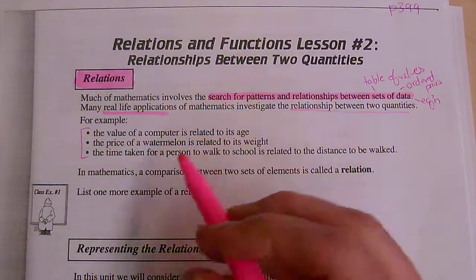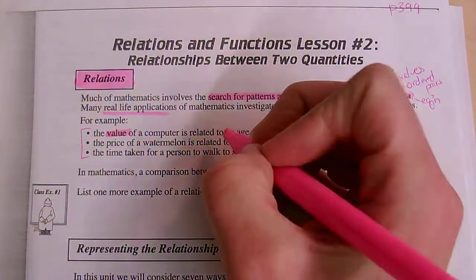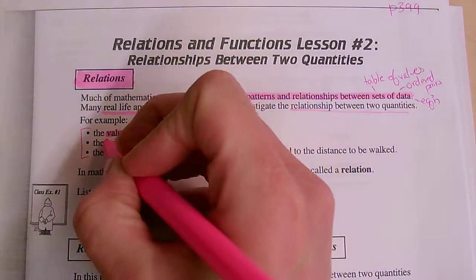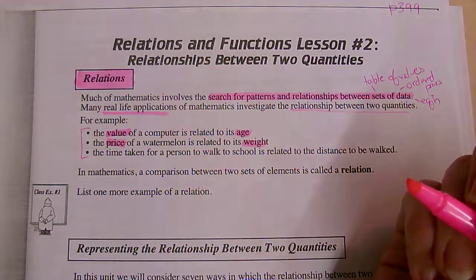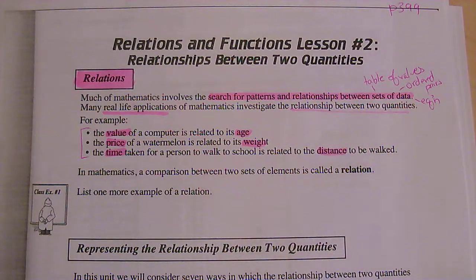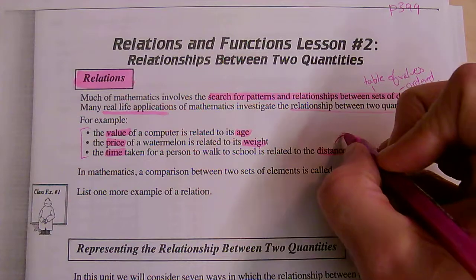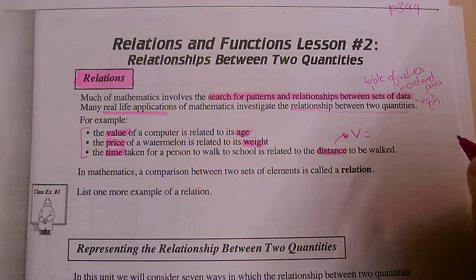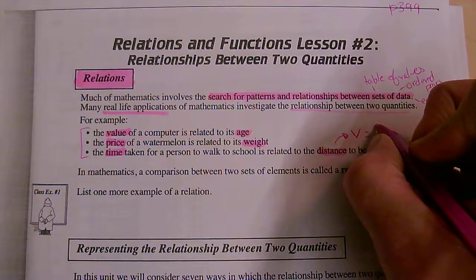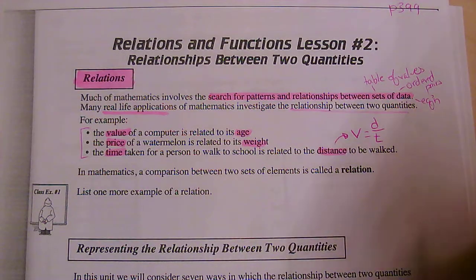So the relations: the value and age, price and weight, and then time and distance. So in science, the speed of something, or its velocity, you'll learn is equal to the distance that you travel per unit of time.